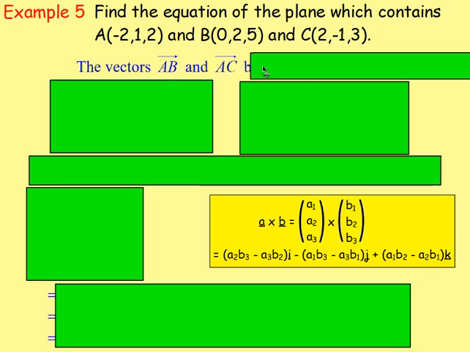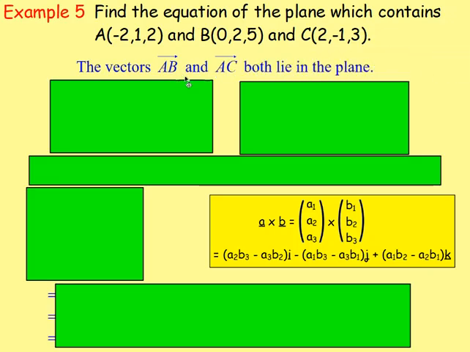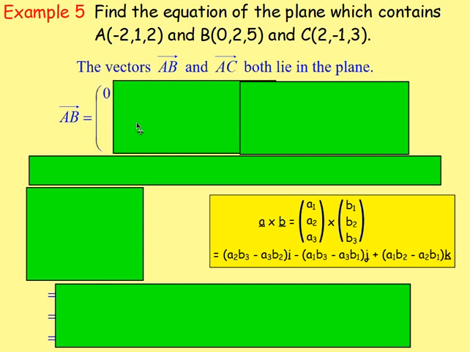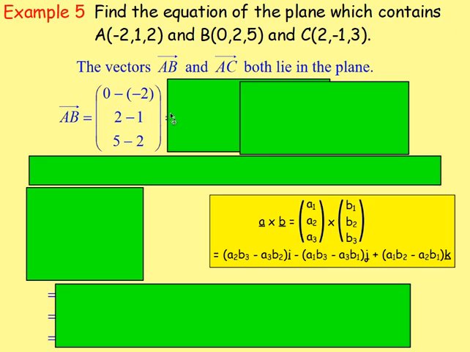So let's work out both AB and AC, because AB and AC would be two vectors that would lie on that plane. So working out AB, to work out AB, it's going to be B minus A. So we're going to write them in component form. So we'd have the 0, the 2, and the 5, and we're taking away that negative 2, 1, 2.